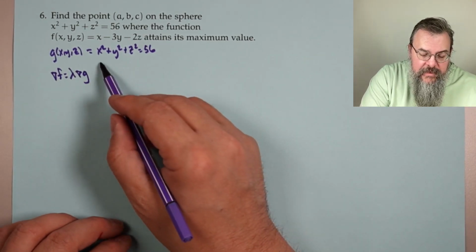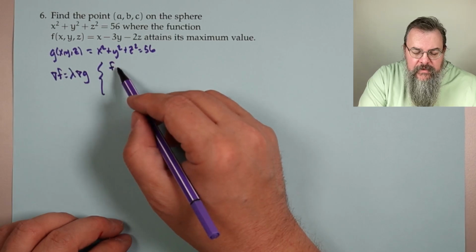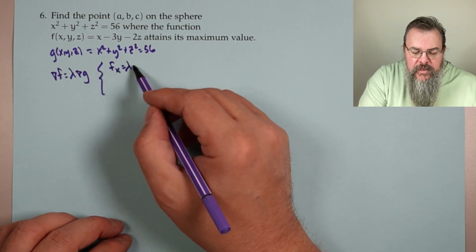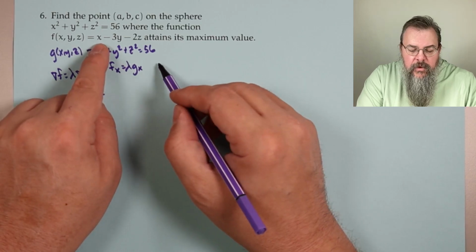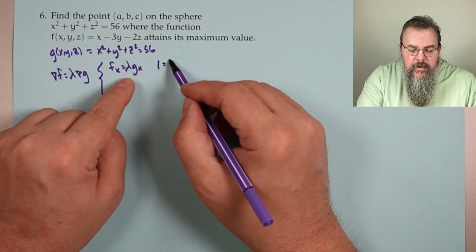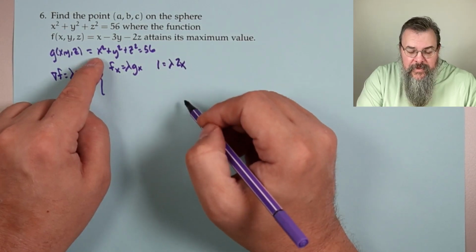In this case that becomes three equations, namely f sub x is lambda g sub x. Well, f sub x is 1. That's going to equal lambda times g sub x, which is 2x.